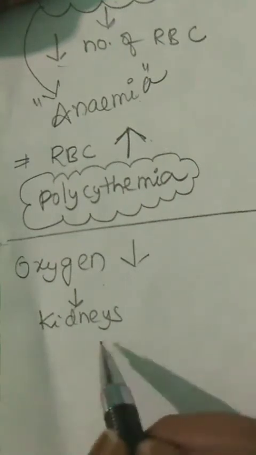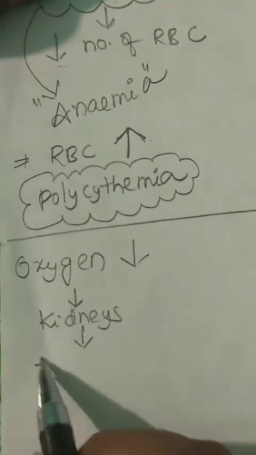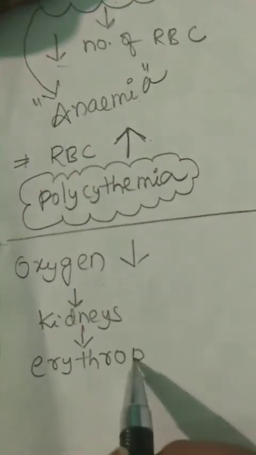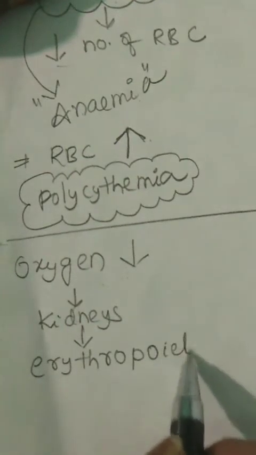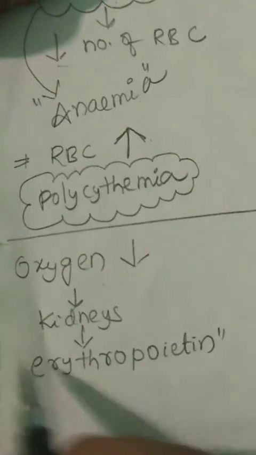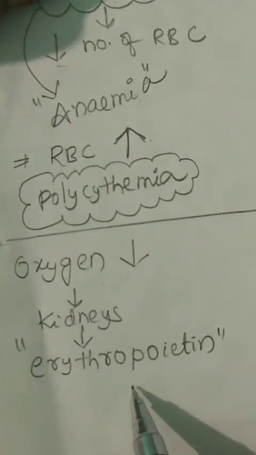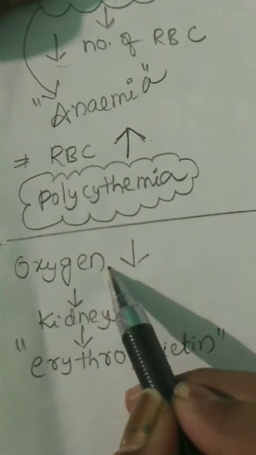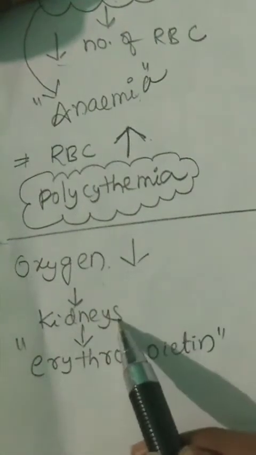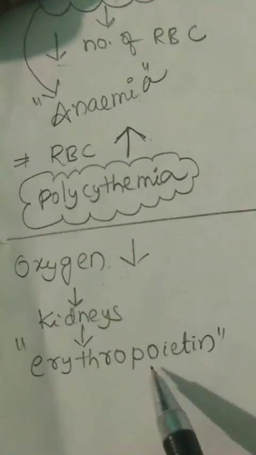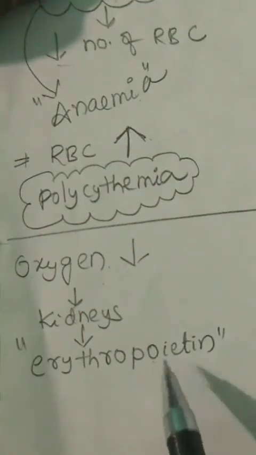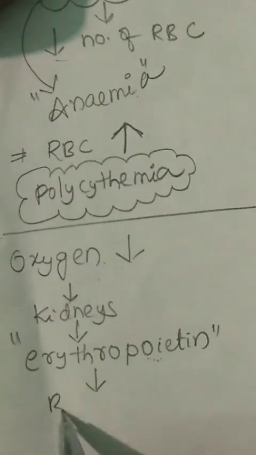Why? Because kidneys secrete a hormone called erythropoietin. If oxygen is not available properly, the kidneys produce erythropoietin into the blood. This erythropoietin stimulates the bone marrow.